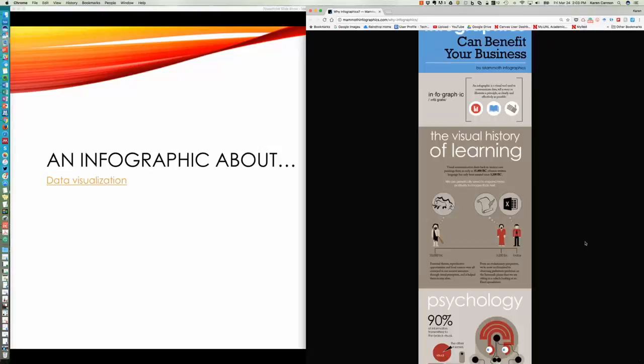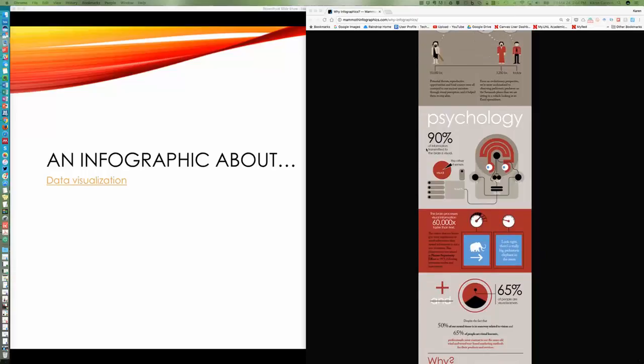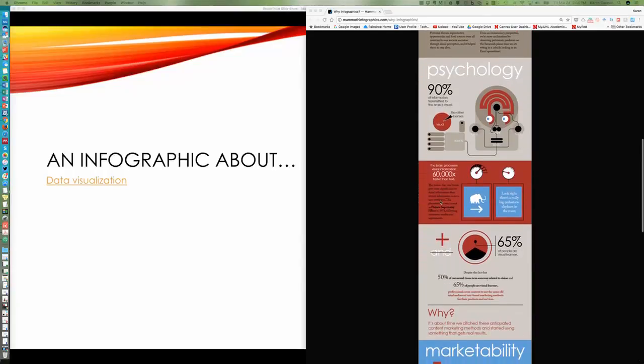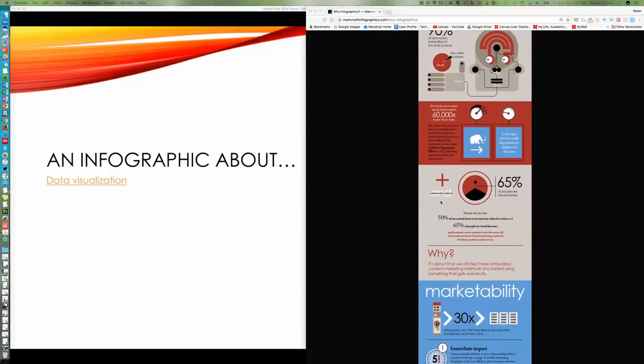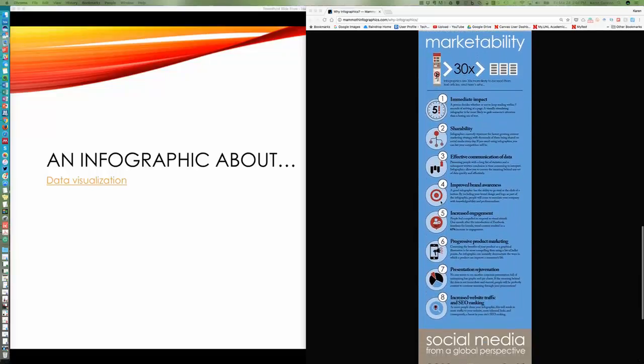So I'm going to go back to this infographic about infographics and show you that it has all these different sections, but what it does in each of the sections of information is draw out some specific data and then use images and other graphics to help illustrate the point they're trying to make, which is these are some great reasons you might consider using infographics to communicate about your organization.